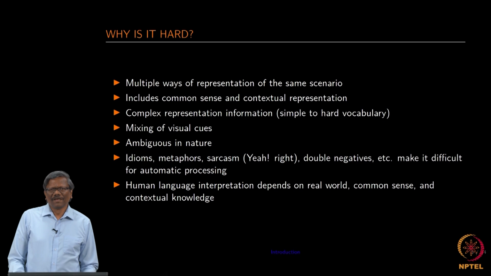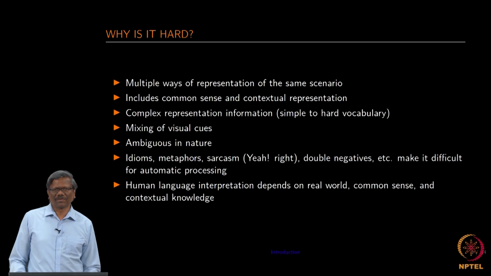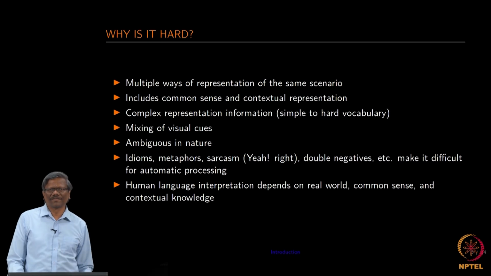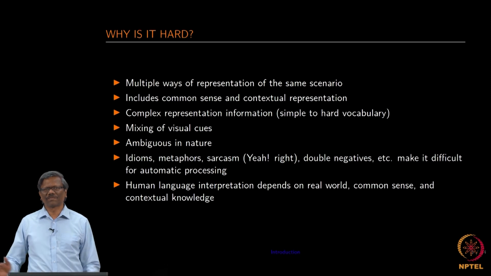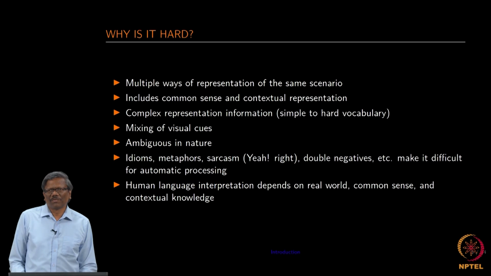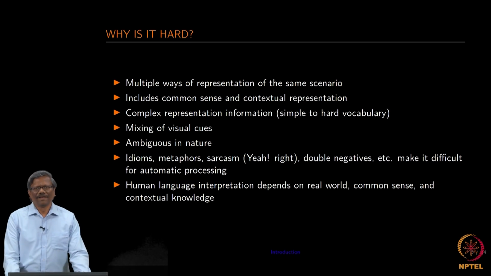For example, we would have seen one accident or some incident yesterday, and then when you're talking to your friend today about that, you will not be taking the entire context again and starting right from the beginning. So you start from somewhere. Both understand what we are talking about and we move on from there, right?